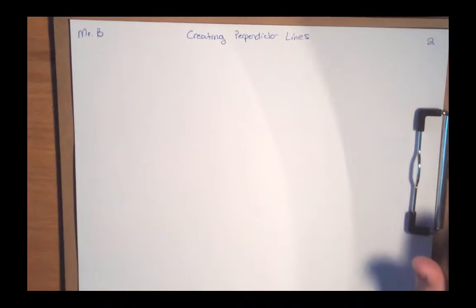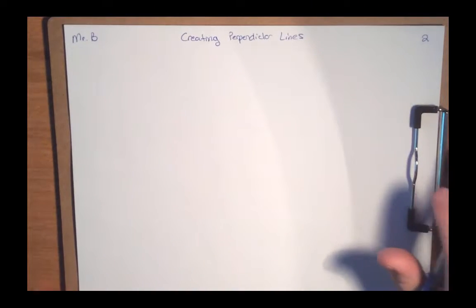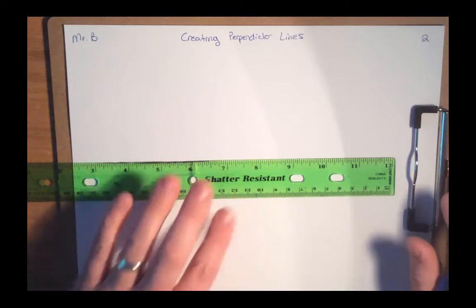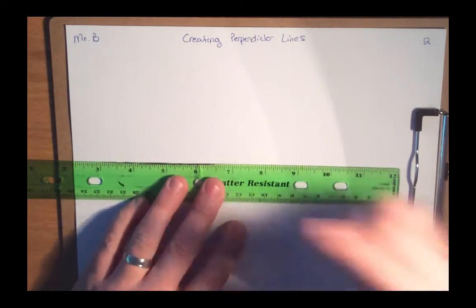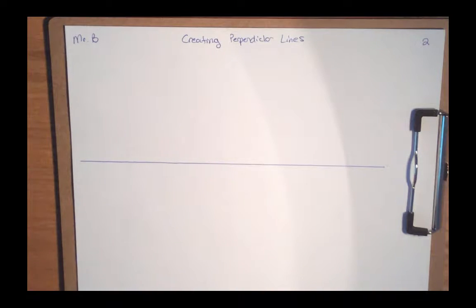Here we go. To create perpendicular lines, you have to create a line through which you want another line to be perpendicular. The important part of setting up this particular construction is that your line initially goes through the center of your paper. So I'm just going to draw a line through the center of my paper, like so.